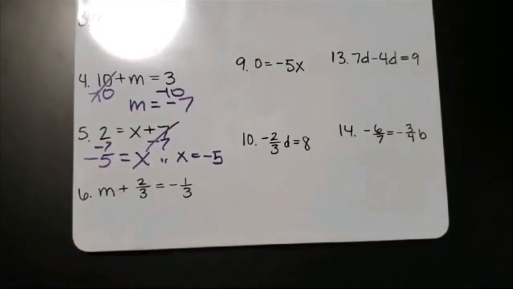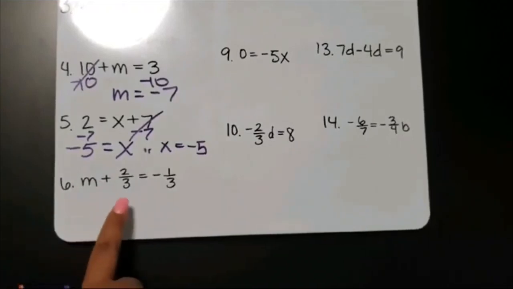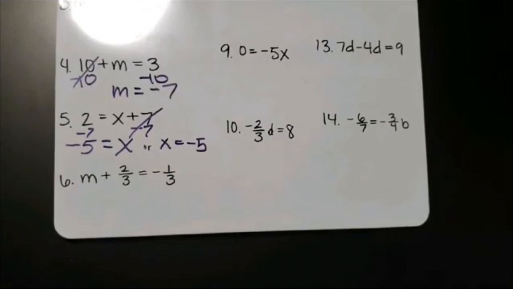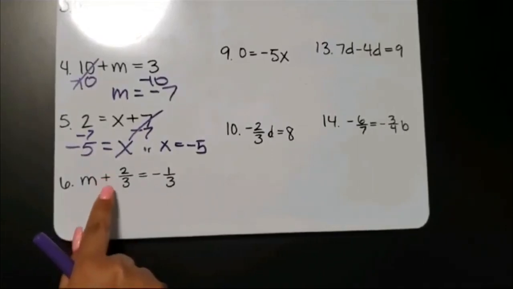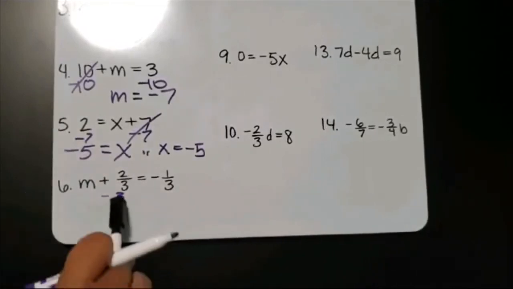So we have m plus 2 over 3 equals negative 1 over 3. So here we have the same denominator, so this one should be a breeze. Because this one is addition, we need to do subtraction.